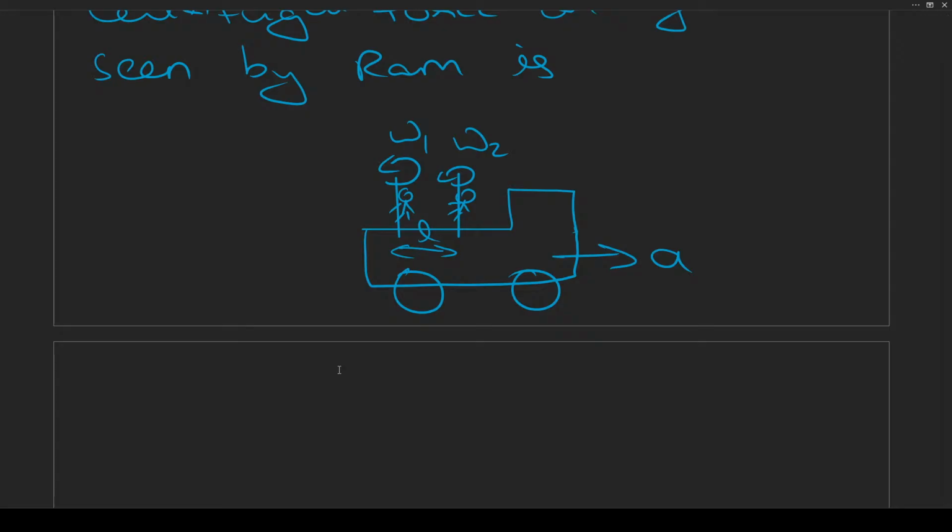The centrifugal force on Sham as seen by Ram. This centrifugal force is actually a pseudo force.